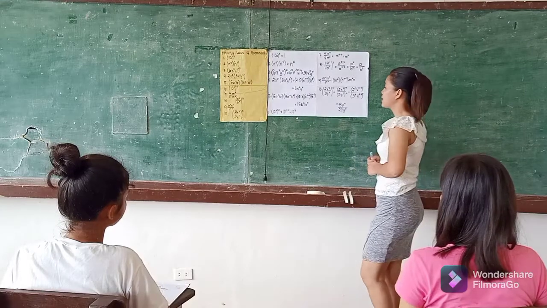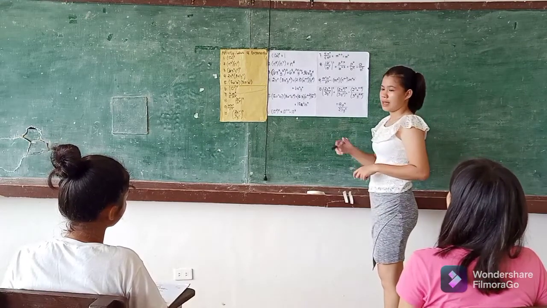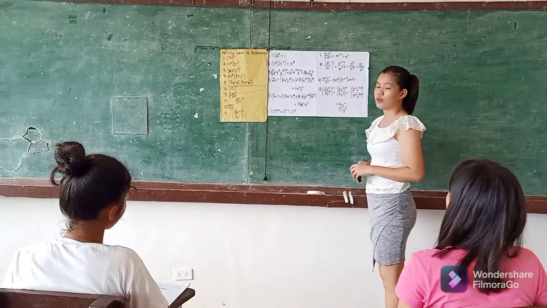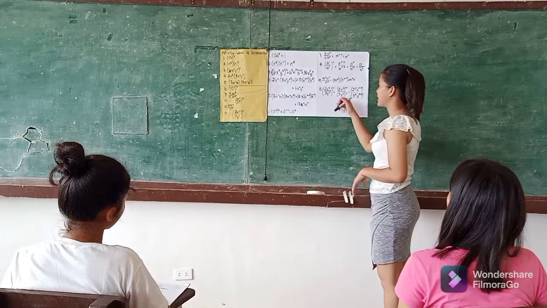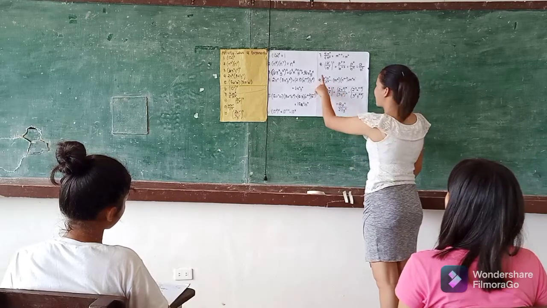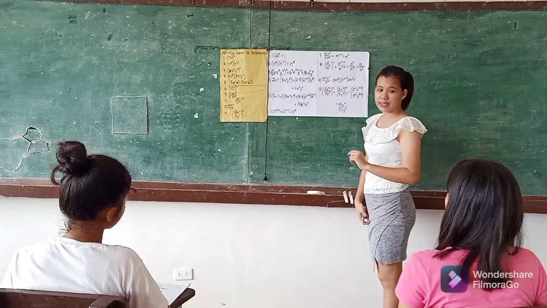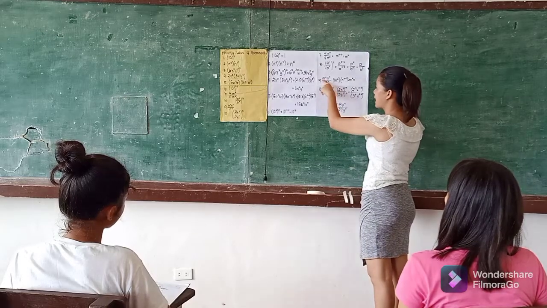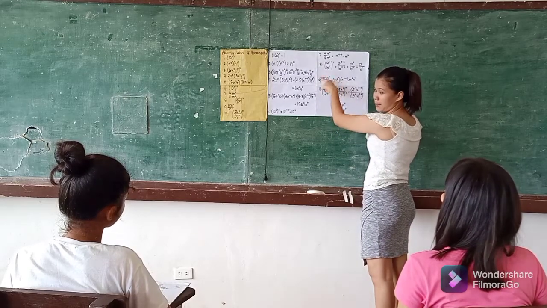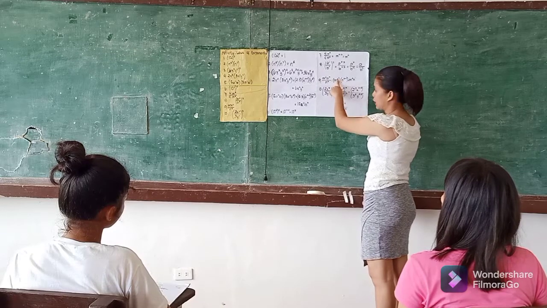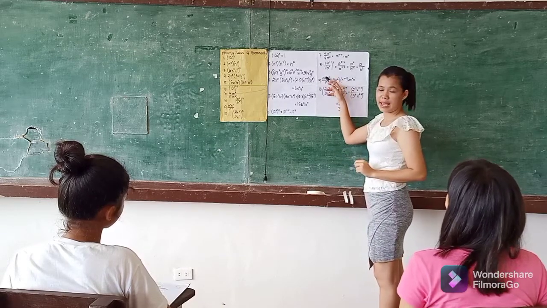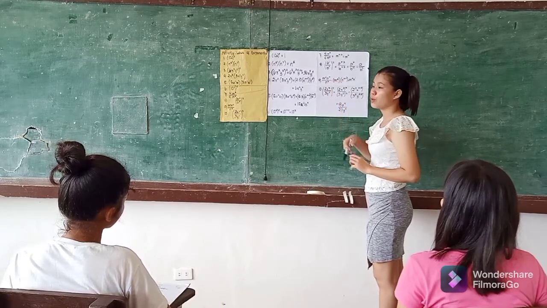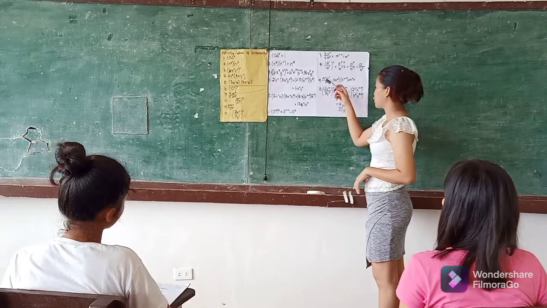9. So n raised to 4, n raised to 3, all over n raised to 2 is equals to, wala namang kaparehas yung ating variable na n, kaya hinapin na natin yung n raised to 4 dito. Then, yung variable natin na n is may kaparehas. So, we're going to subtract.